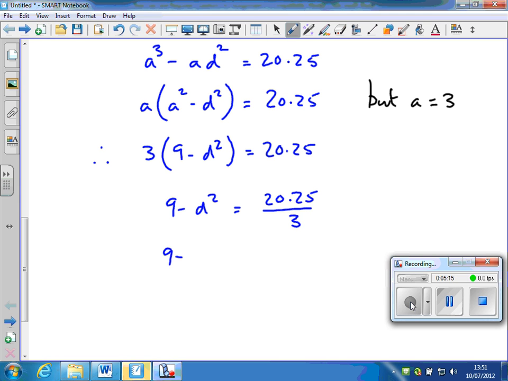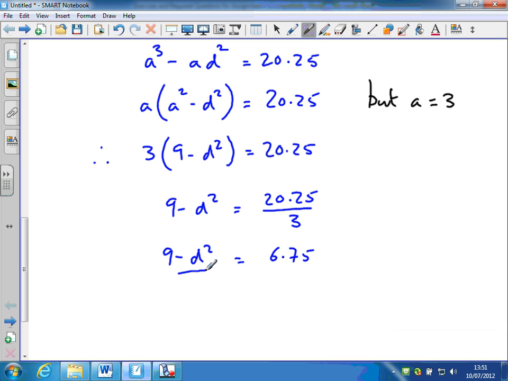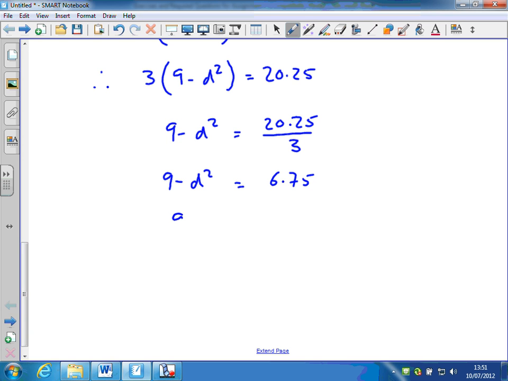So 9 minus D squared equals 6.75. Now, if we look at this, we want D squared on its own, and it's negative. So we've talked about this idea that if the thing we want to isolate is negative, add it to both sides to make it positive. So that's what I'm going to do here. 9 equals 6.75 plus D squared. So now subtract 6.75 from both sides, and I get 2.25 equals D squared.